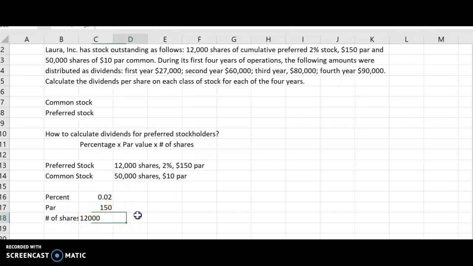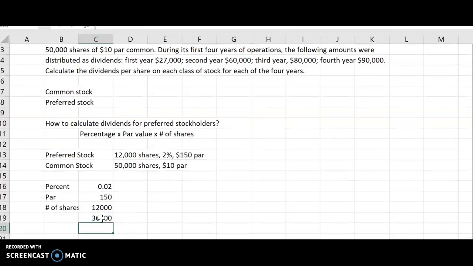Okay, so what you would do is in your calculator you would do 0.02 times 150 times 12,000, and so 36,000 is the amount of dividends that we are promising to pay to preferred stockholders. You don't necessarily have to pay dividends, but if you pay them, then preferred stockholders will get this number.